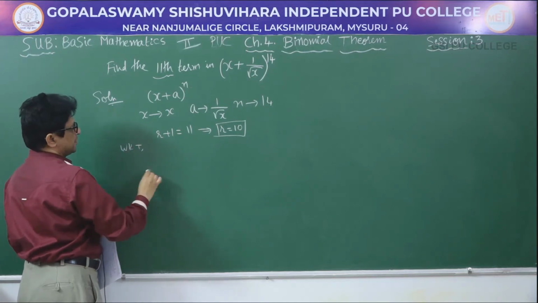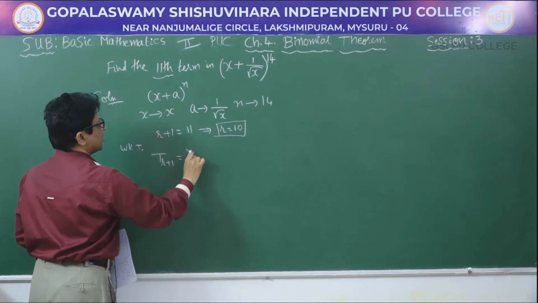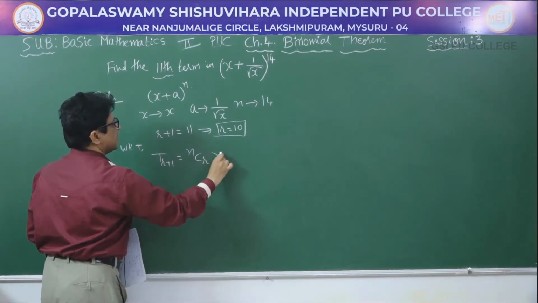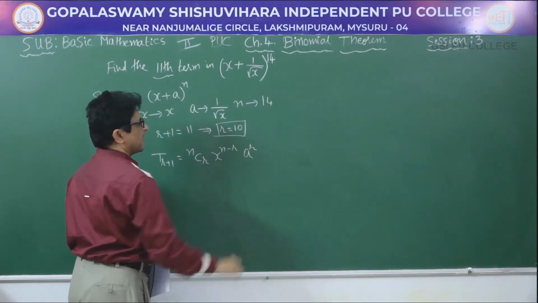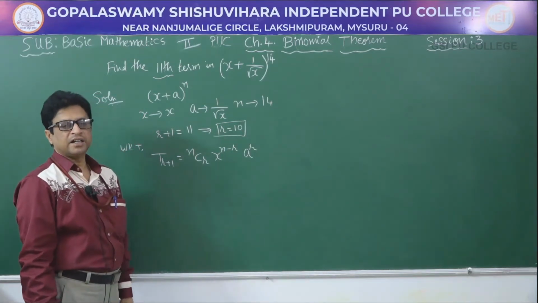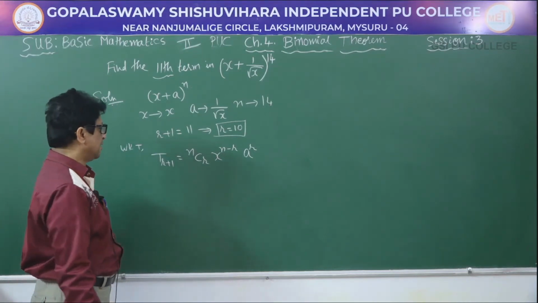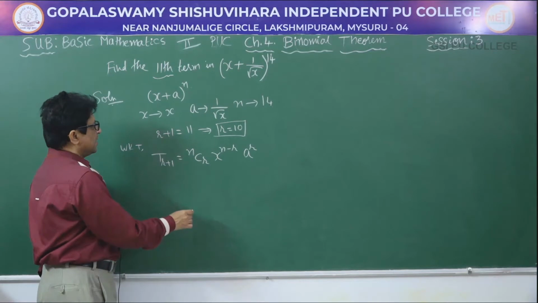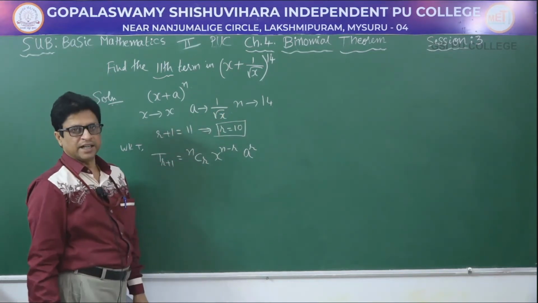So, we know that T r plus 1 is equal to nCr into x power n minus r into a power r. This is the general term of the expansion of (x plus a) whole power n. So, we have to substitute the values of x, a, n and r in the general term.